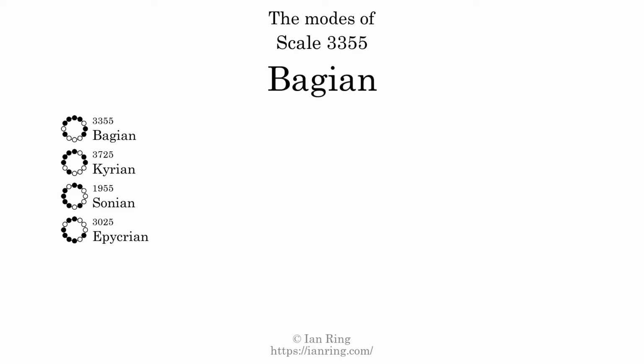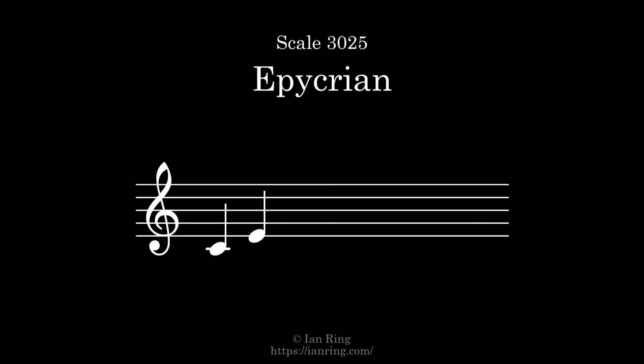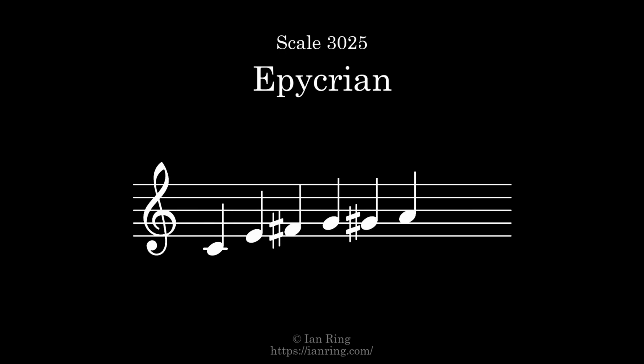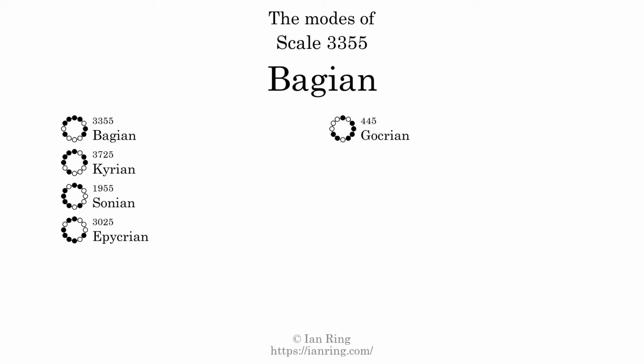The fourth mode is scale 3025, also known as a Bagian. It sounds like this. The fifth mode is scale 445, also known as Bagian. It sounds like this.